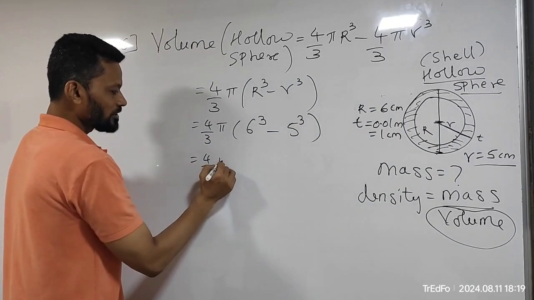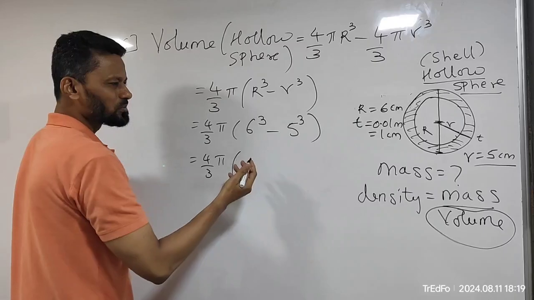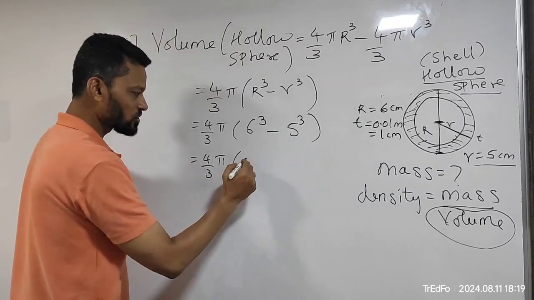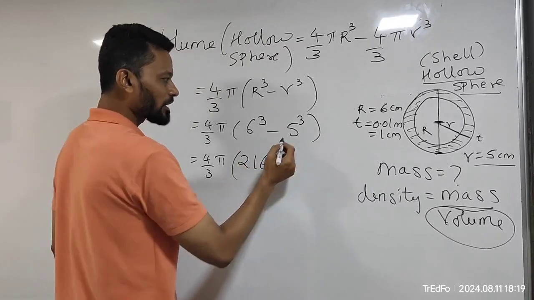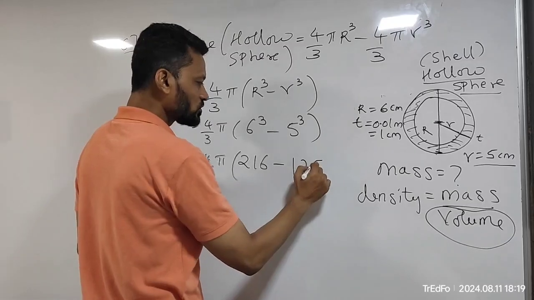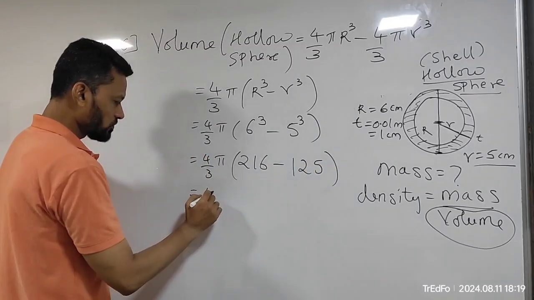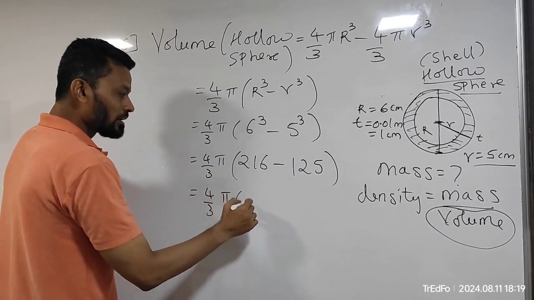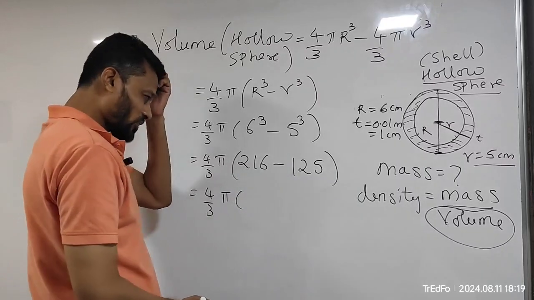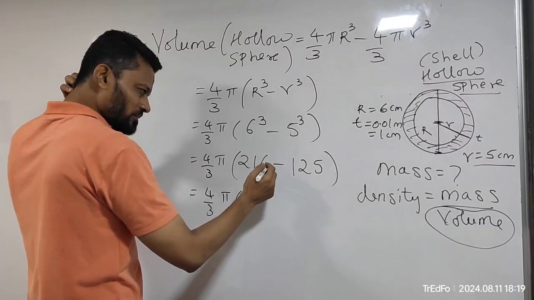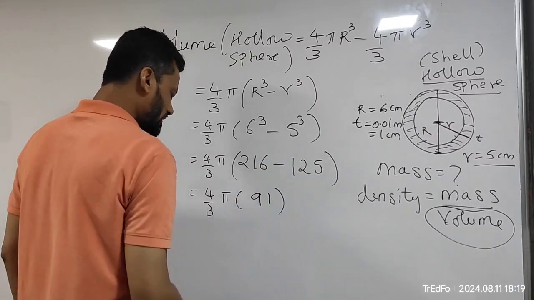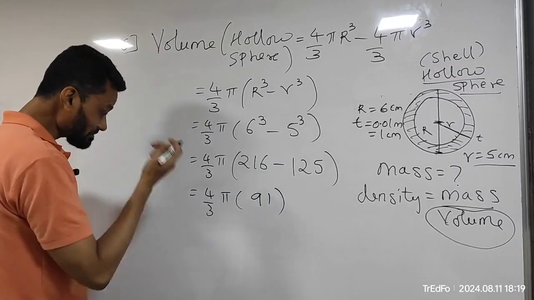Don't substitute the value of pi. Let's see, 6 cube. 6 is 36, 36 into 6 is 216. Minus 5 cube is 125. 4 by 3 pi. 216 minus 125 will give me 91 if I am not mistaken.